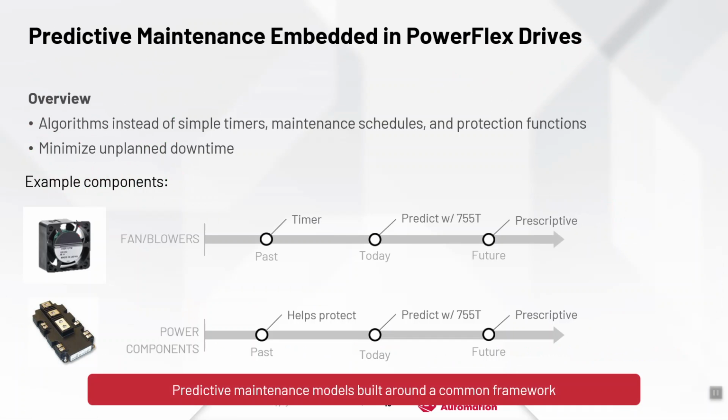And we'll be extending these capabilities into future releases of PowerFlex drives. This has become a really useful set of information that will be applicable to not only the 755T, but also to the upcoming enhancements to multiple portions of our PowerFlex family.